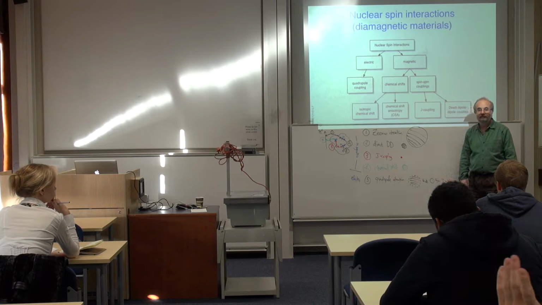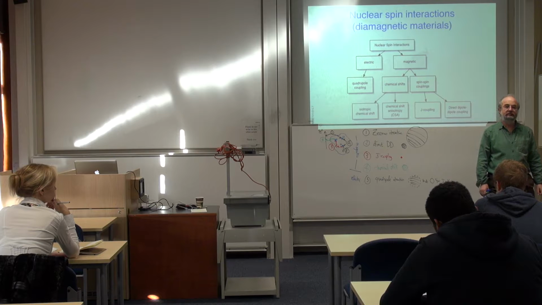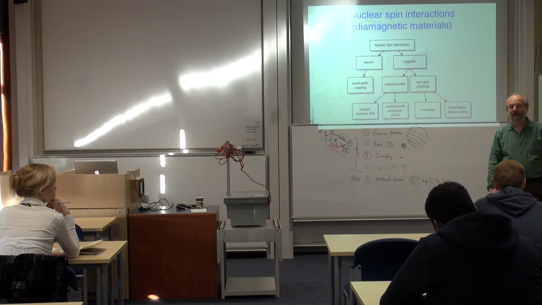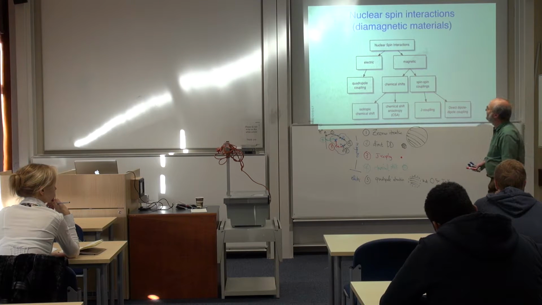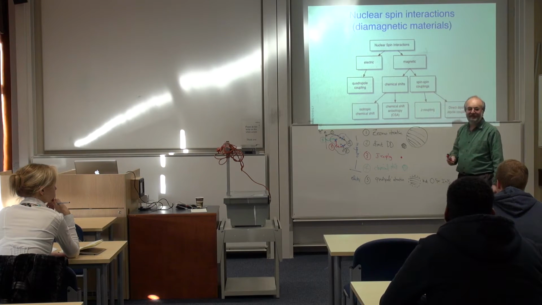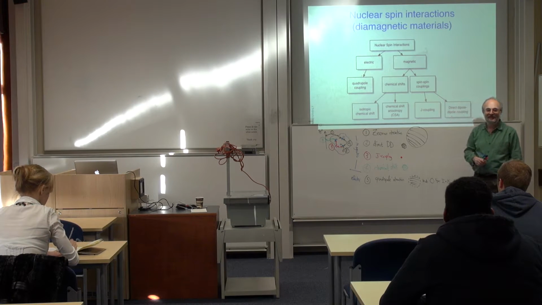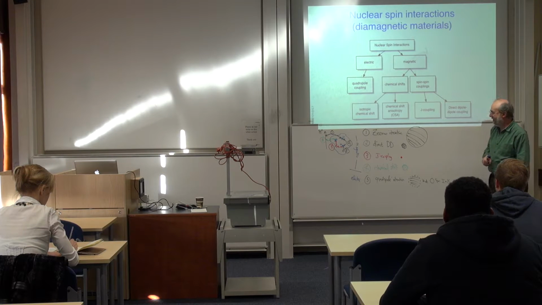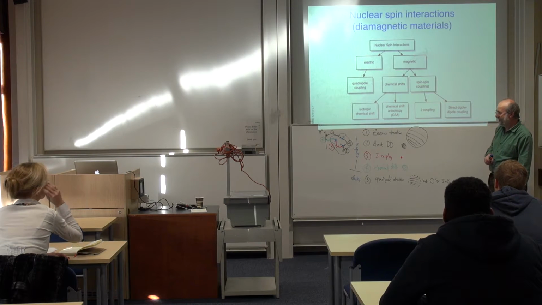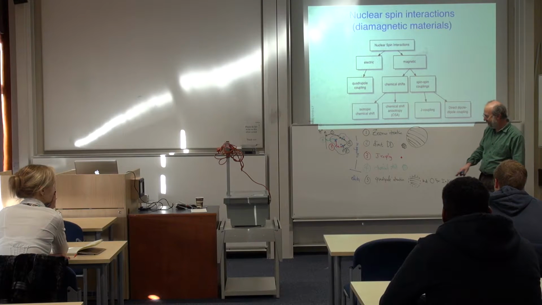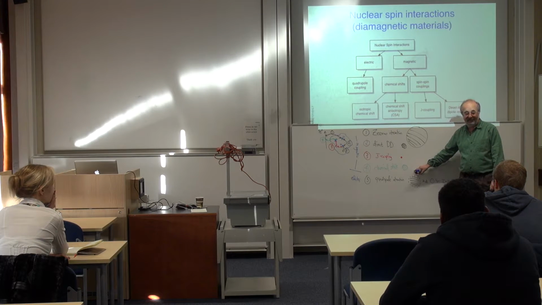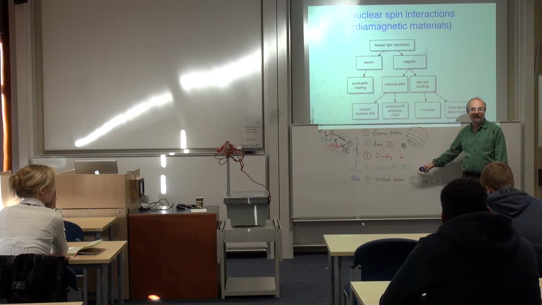And do you put the Knight shift, the chemical shift as well? So that's for metals, and for materials which have unpaired electrons. If you would put it anywhere here, you would put it together with the chemical shift. In metals there's something which looks very much like a chemical shift, but in metals it's called the Knight shift.